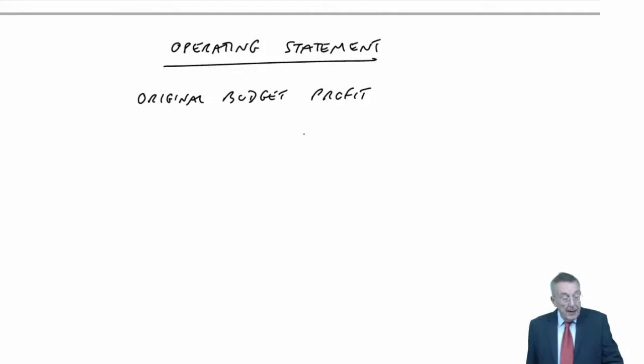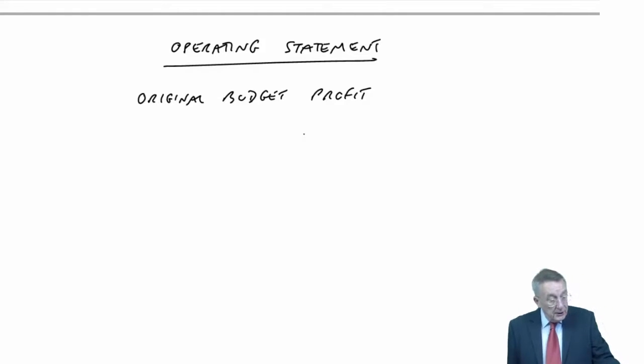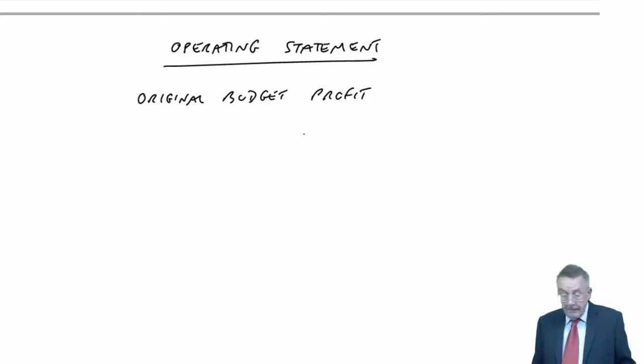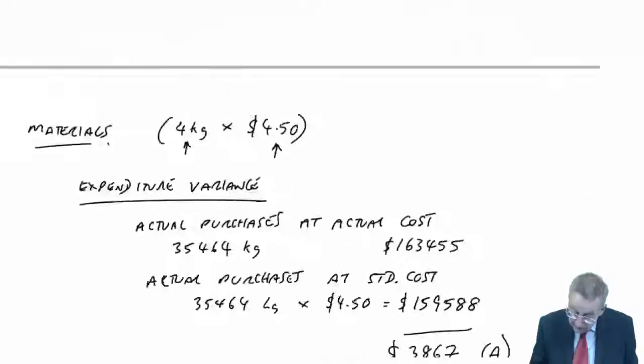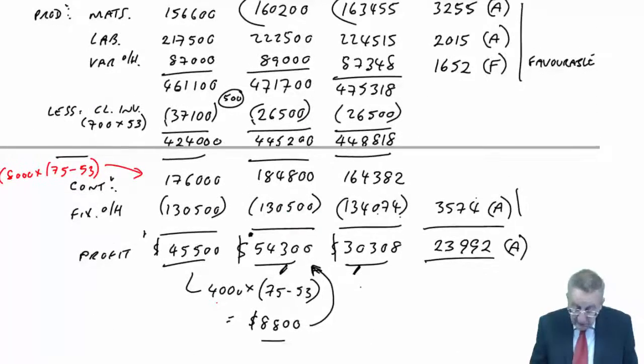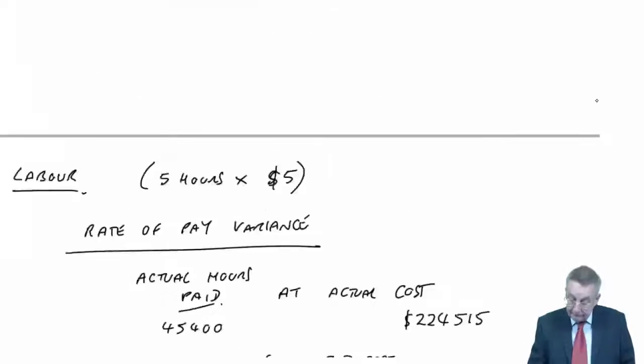I'll try and remember, I'm looking at the question, the original budget profit 8,000, less the fixed overhead. The original budget profit, I can't remember, I'm sorry, so I will have to go up. 45,500.